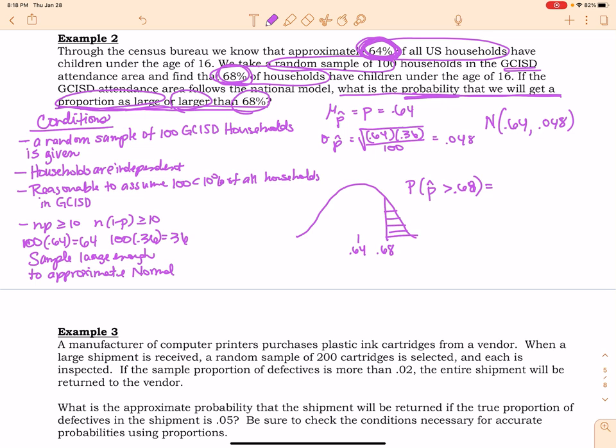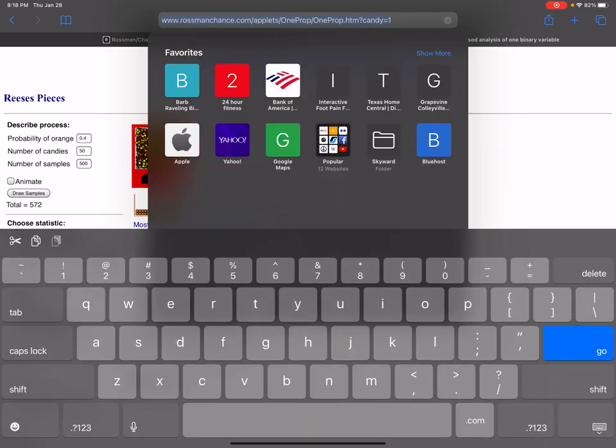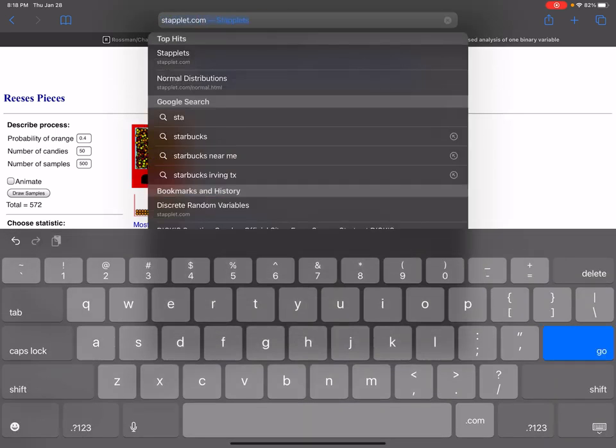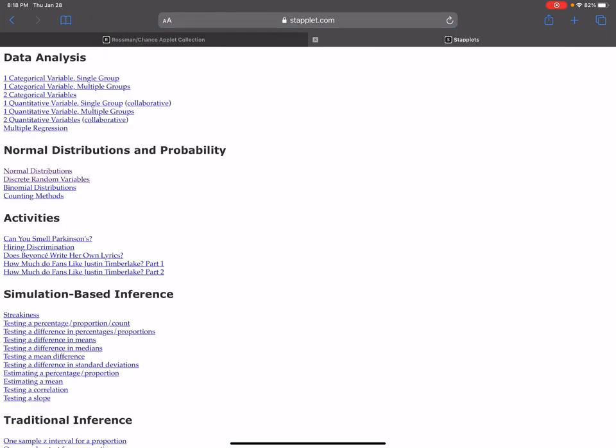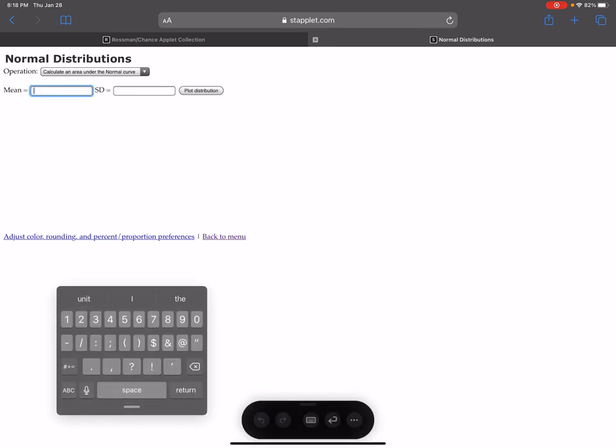So if you use Statplet, I don't think I have it open, but we can probably get it open pretty quick. And then we're going to look at a normal distribution. We're calculating an area. Our mean, of course, is going to be 0.64. Oops, it helps if there's a decimal where it's supposed to be. And then my standard deviation, of course, is 0.048.